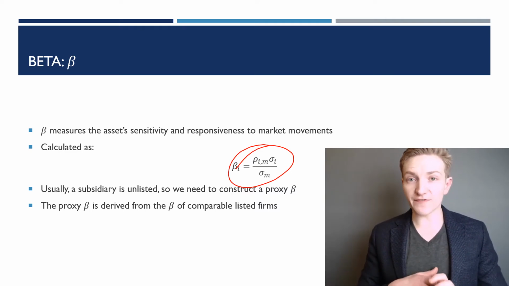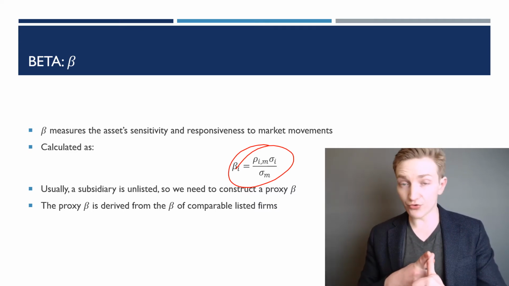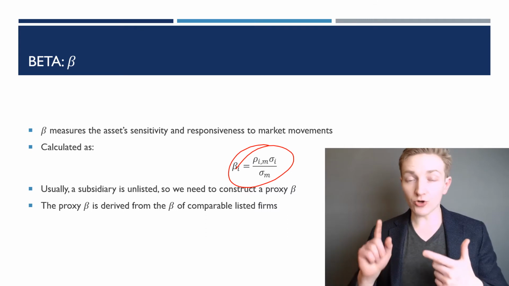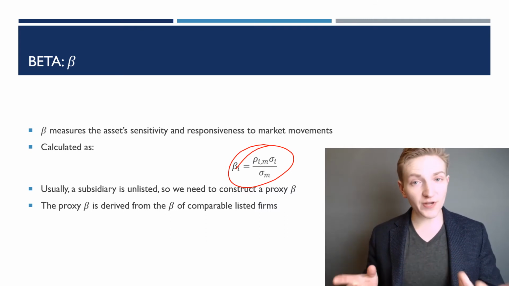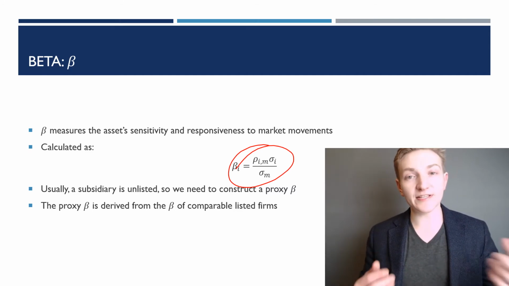Now there are a few ways of calculating the beta. I mentioned you can calculate it using a regression model, which is relatively straightforward. You can also calculate it using proxy firms or peer firms, which can particularly be useful if the subsidiary you're interested in is unlisted.